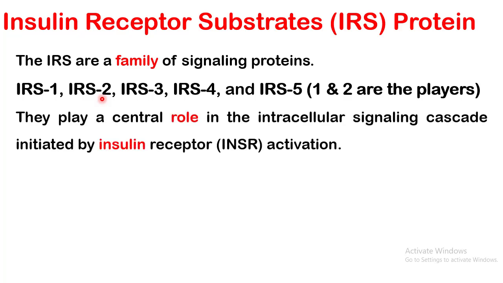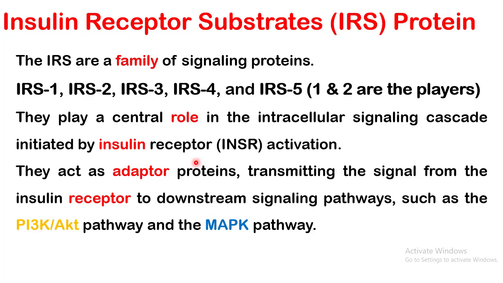Now, these IRS proteins play a central role in the intracellular signaling cascade initiated by the insulin receptor. So we have activated the insulin receptor, and that is going to activate the IRS, and these IRS are very important in the intracellular signaling cascade. They act as adapter proteins.